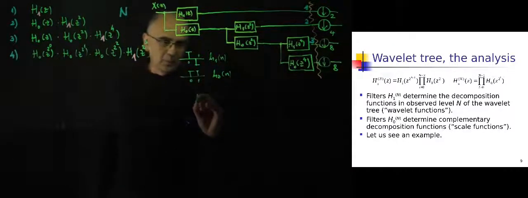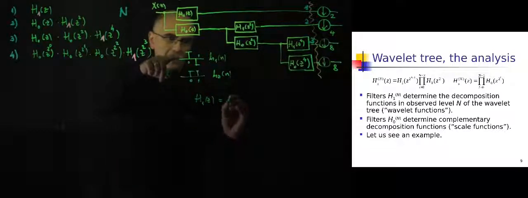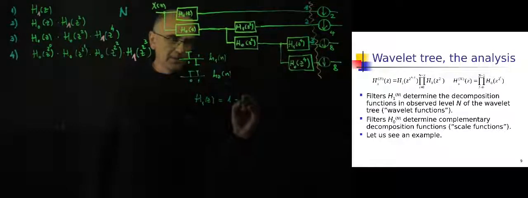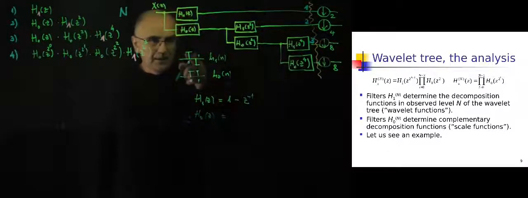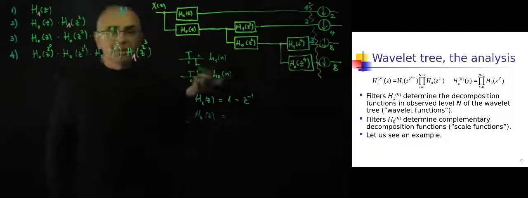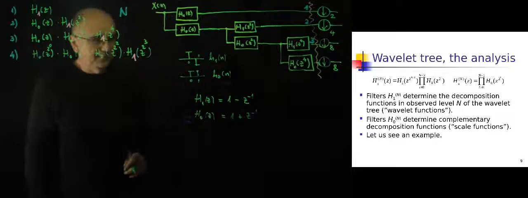H1 of Z equals 1 minus Z to the minus 1. And H0 of Z, where each sample corresponds to one term in the Z domain, is 1 plus Z to the minus 1.